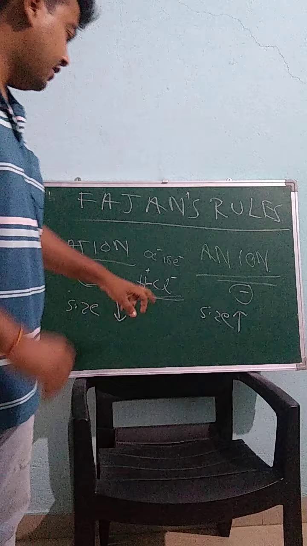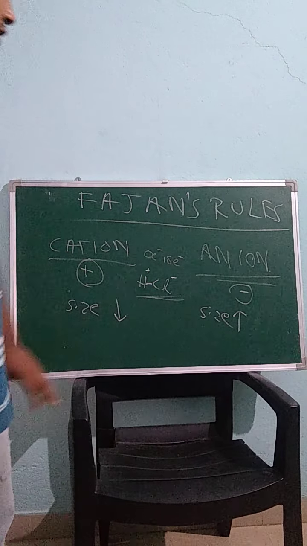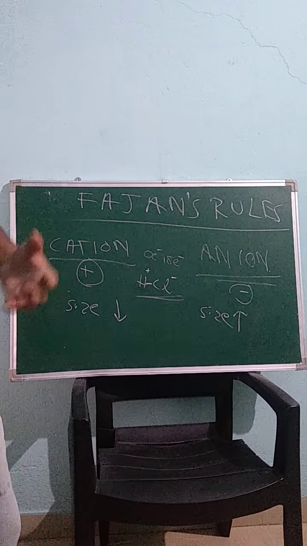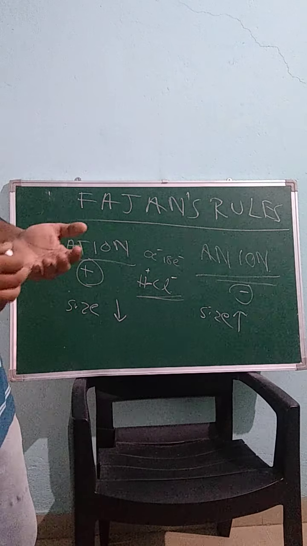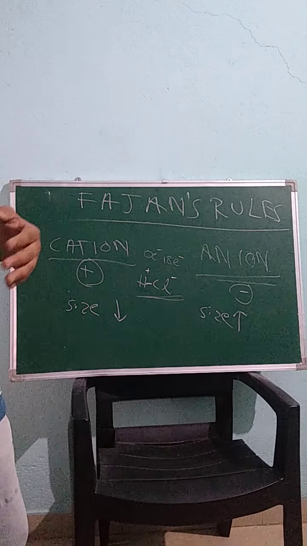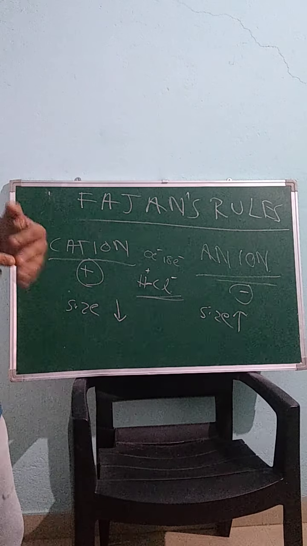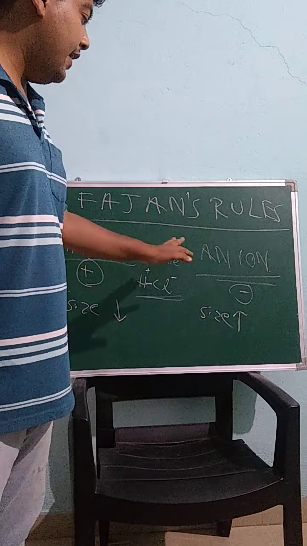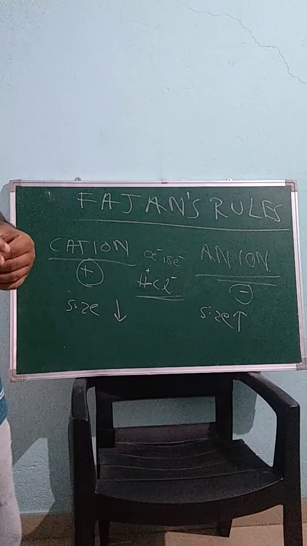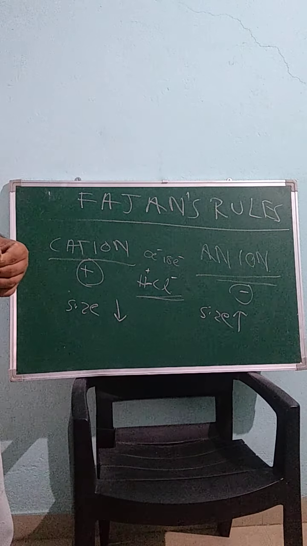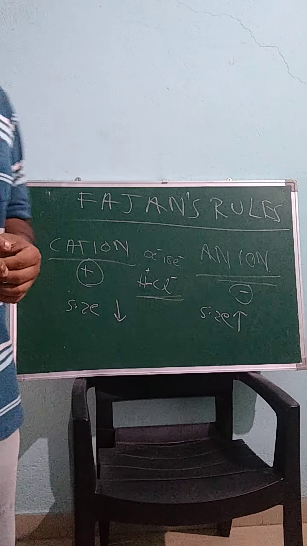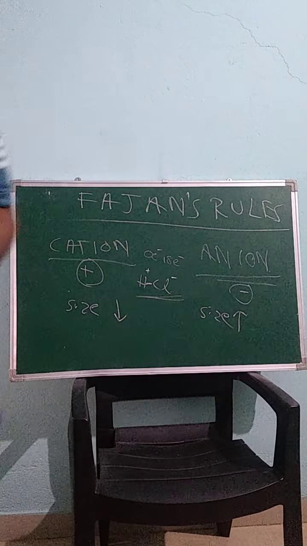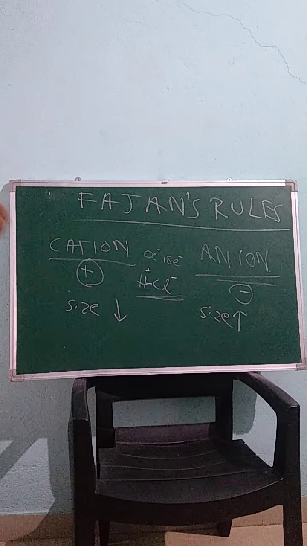That is the concept behind this first rule: if the anion size is much larger, then they do not form a very good ionic bond, they tend to form a covalent bond. If the sizes of cation and anion are similar, then the ionic bond will be much stronger, or you can say the ionic character in that molecule will be much stronger.